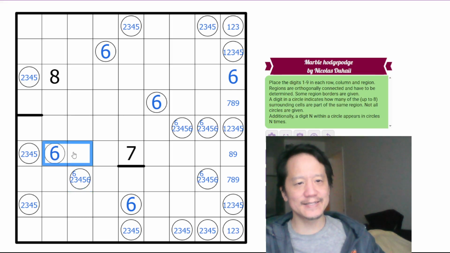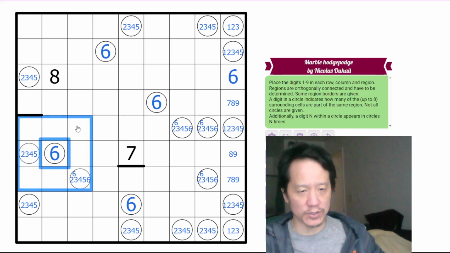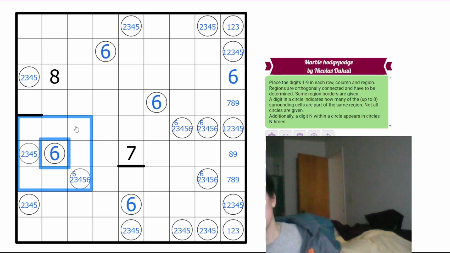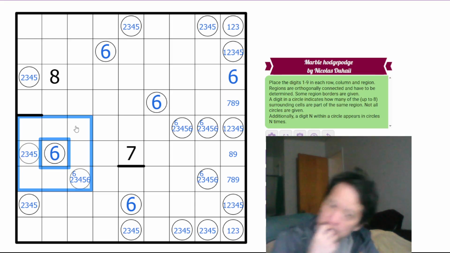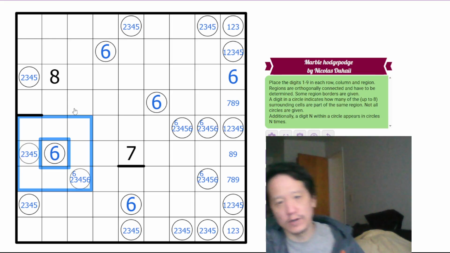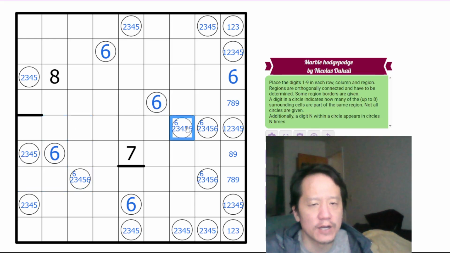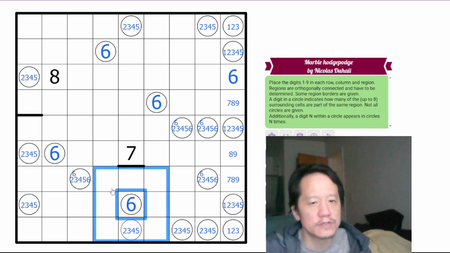That's saying 6 of the surrounding 8 cells are in the same region. That's interesting. Obviously, if this were a 6, that would not be part of that same region. 6 of the remaining 8 cells are in the same region.